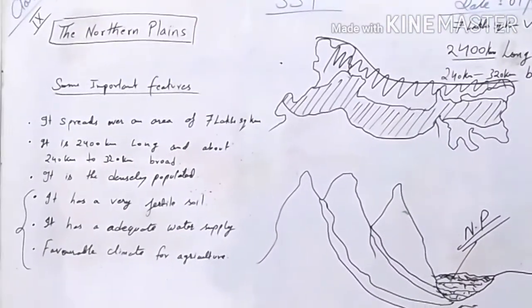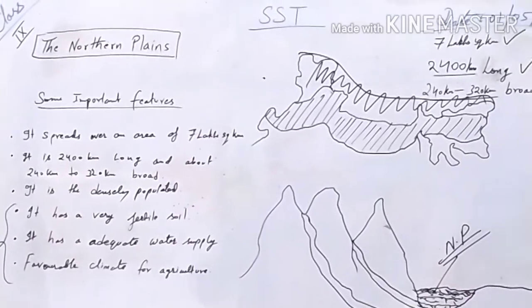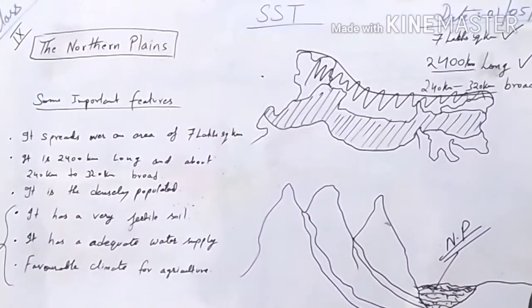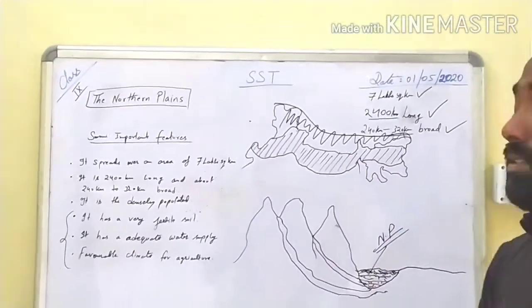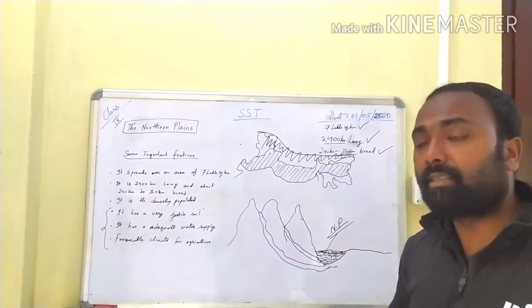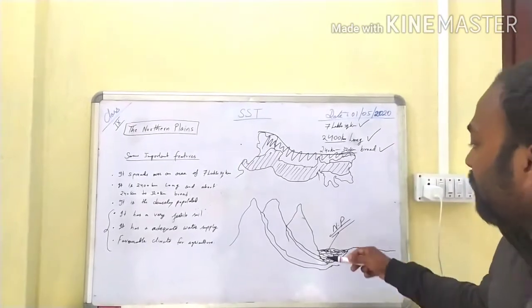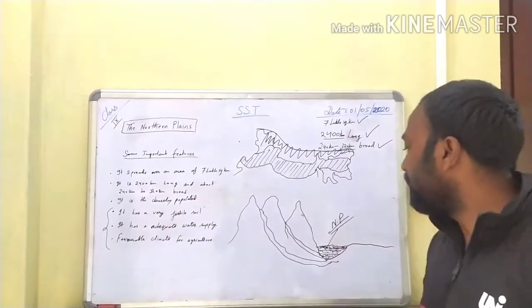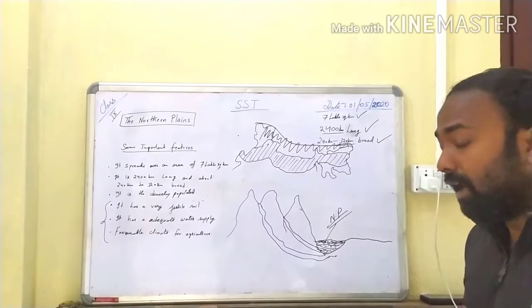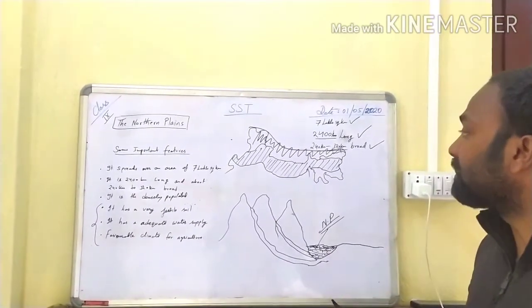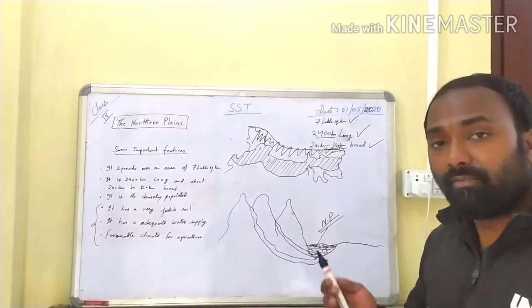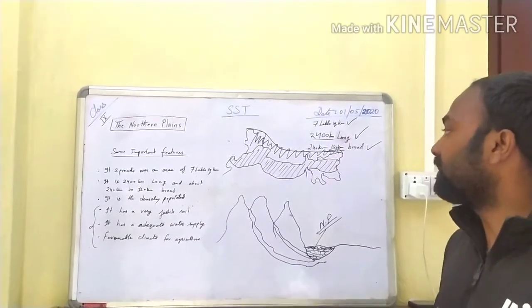Now the next thing is the density of population in the area. As we have already understood, this area is very suitable for agriculture. You can see the river has brought down the sediments, that is alluvium, and it is very good for growing crops. Because of this reason, well developed agriculture can be done.